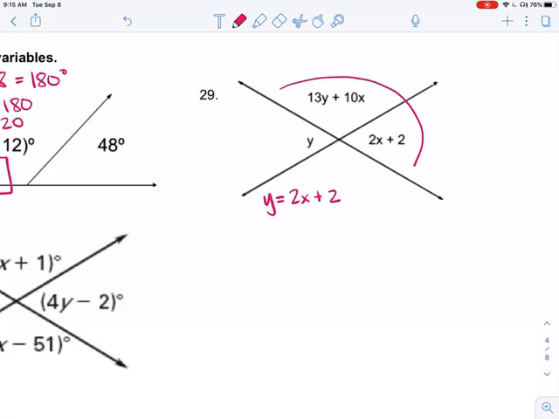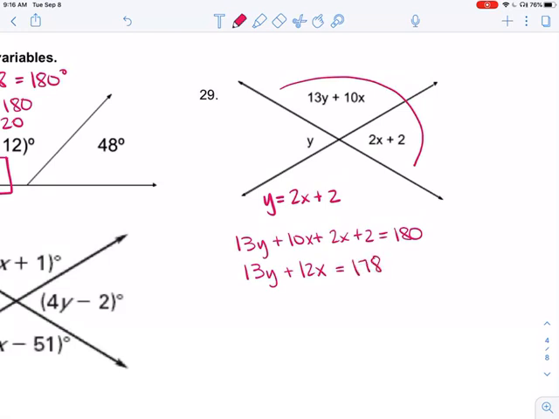So I'm going to use the first set of two. 13y plus 10x plus 2x plus 2 is equal to 180 degrees. So I'm going to go ahead and combine those. 13y plus 12x is equal to, subtract that, 178.